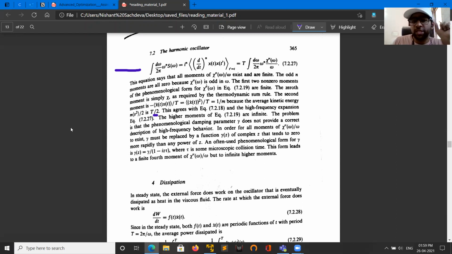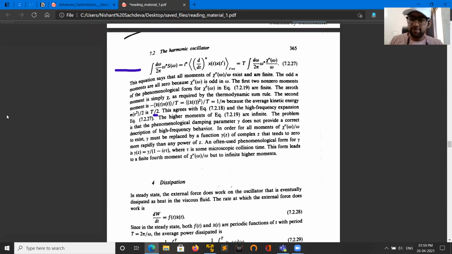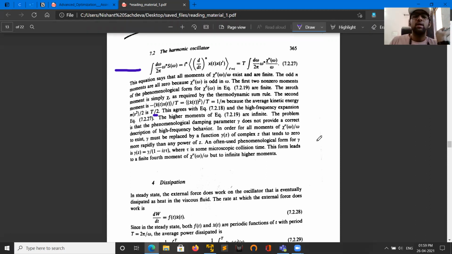The problem is that the phenomenological damping parameter gamma does not provide a correct description of the high frequency behavior, and that's a problem for us. In order for all moments of x double dash of omega by omega to exist, gamma must be replaced by a function gamma of z, of complex z, that tends to 0 more rapidly than any power of z.